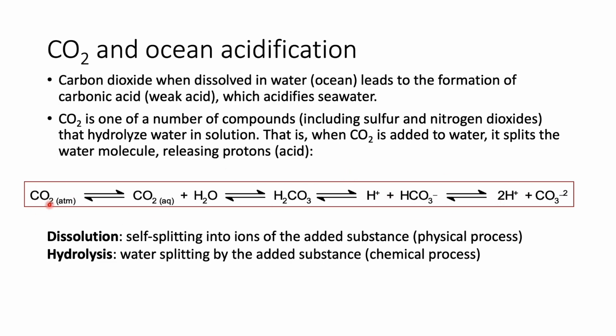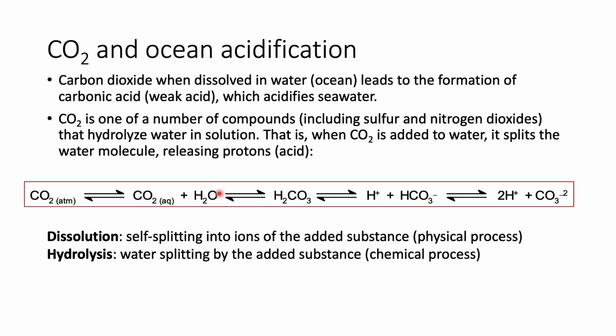Carbon dioxide in the atmosphere enters the hydrosphere, that is the ocean. CO2 becomes aqueous and reacts with water to give carbonic acid. This carbonic acid undergoes an equilibrium reaction to produce H+ ions and bicarbonate anions, HCO3-, and this further undergoes a second dissociation to give 2 H+ ions and CO3 2- ions.